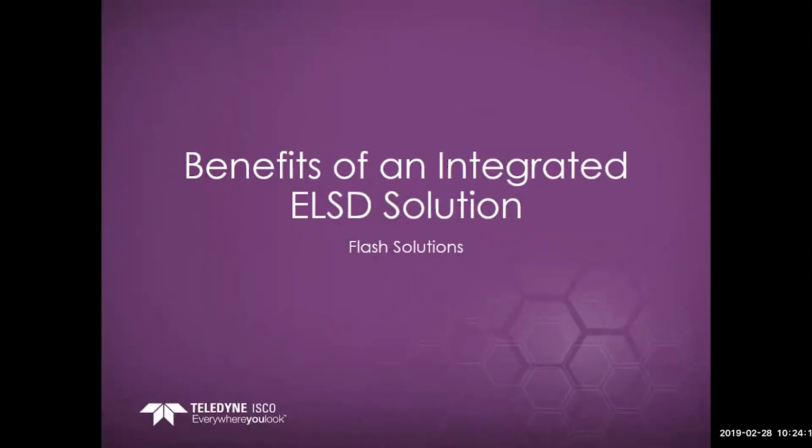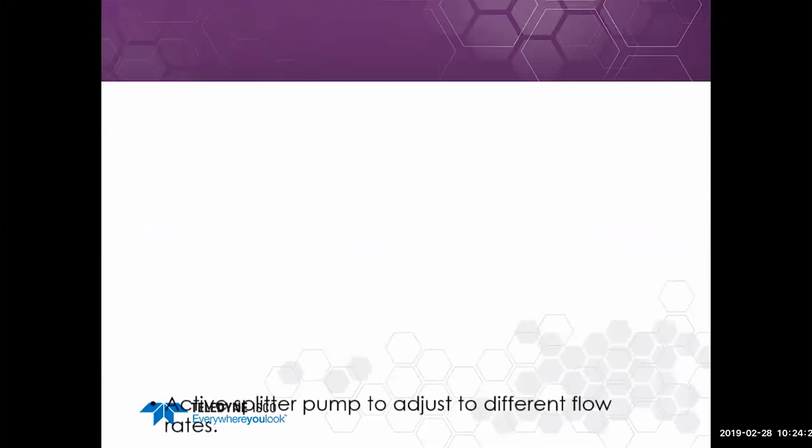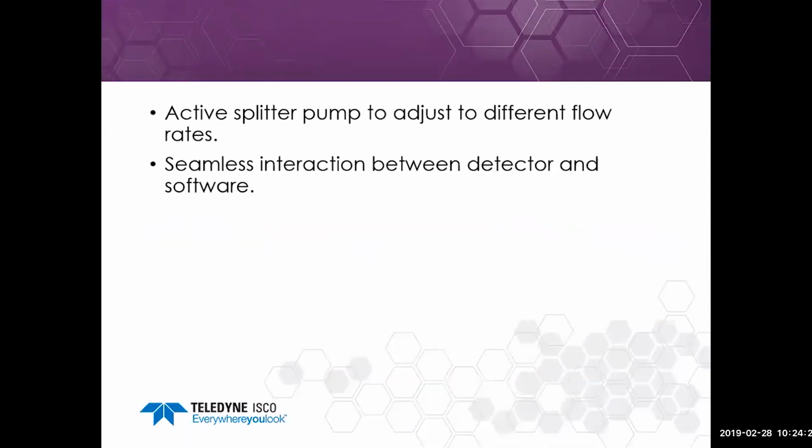So the next portion here, I want to discuss the benefits of an integrated ELSD solution versus just adding an external ELSD. Our integrated solution for the flash system and the EasyPrep hybrid system uses an active splitter pump to adjust to different flow rates.